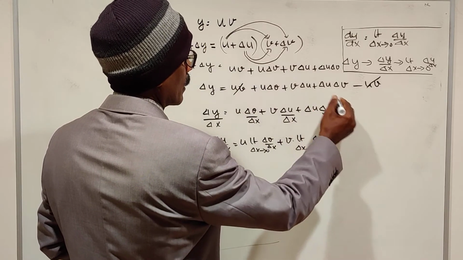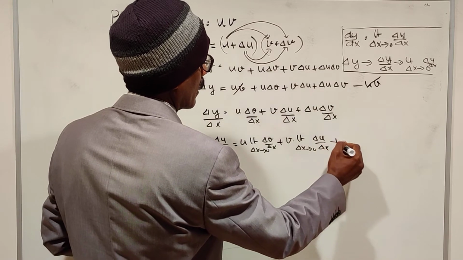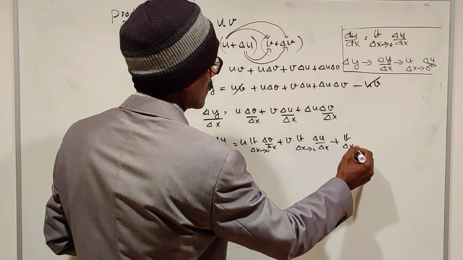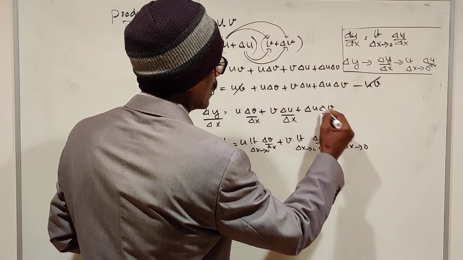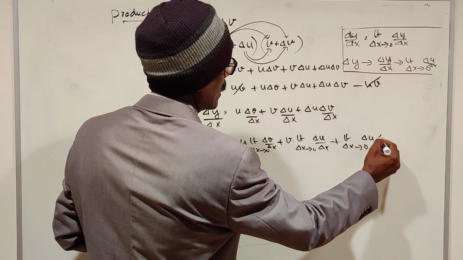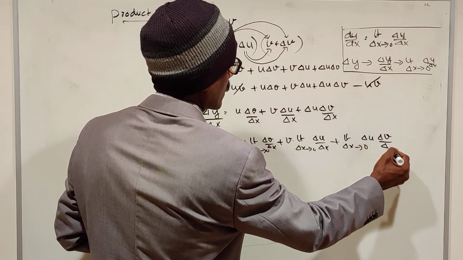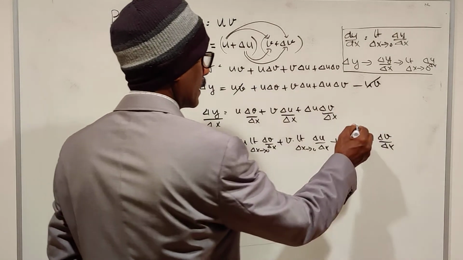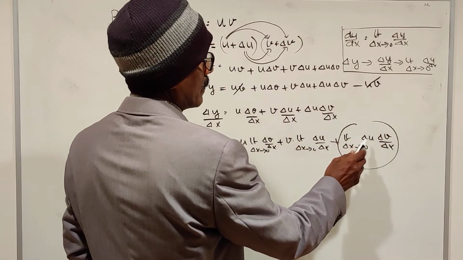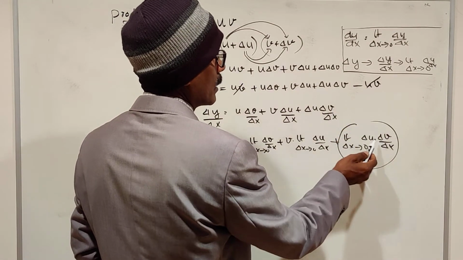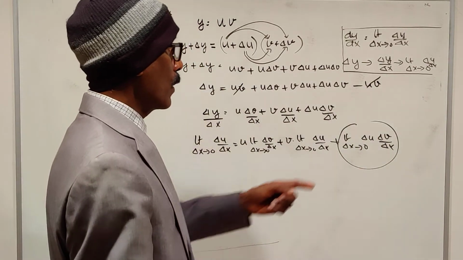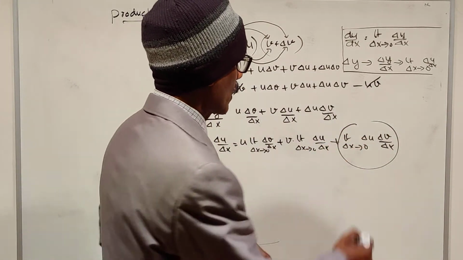Here we can take the limit delta x tends to 0 of delta u delta v by delta x. As delta x tends to 0, delta v also tends to 0 and delta u also tends to 0.